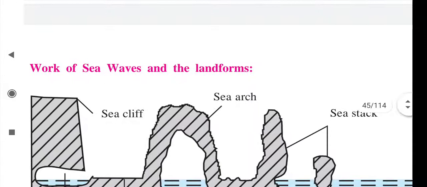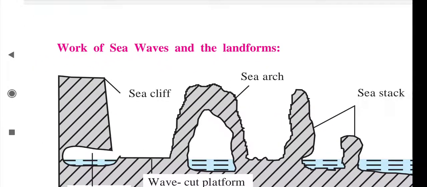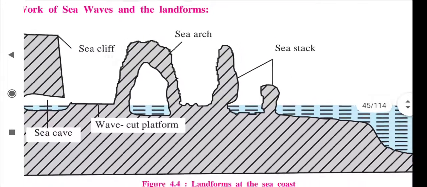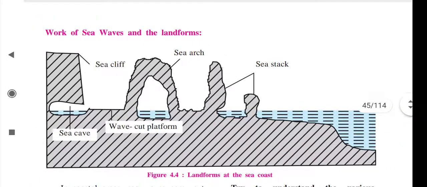Now we will study the work of the sea waves and landforms. Now see, this is the sea, and on the seabed we can find some structure of the rock, and that is eroded because of the continuous attack of the sea waves.